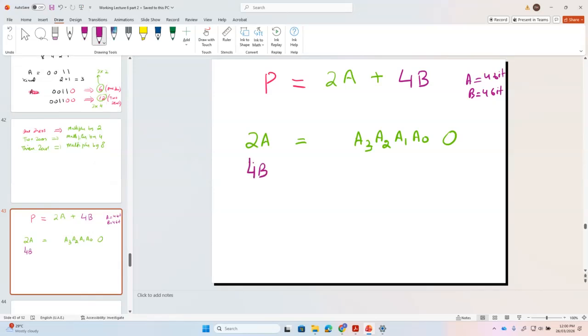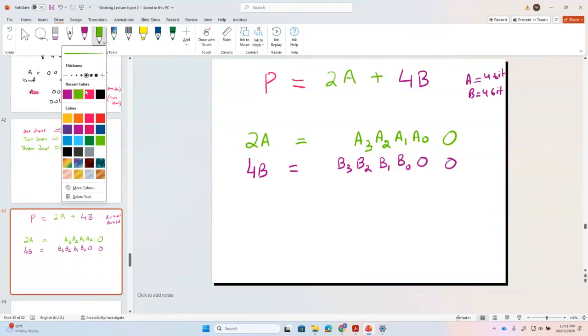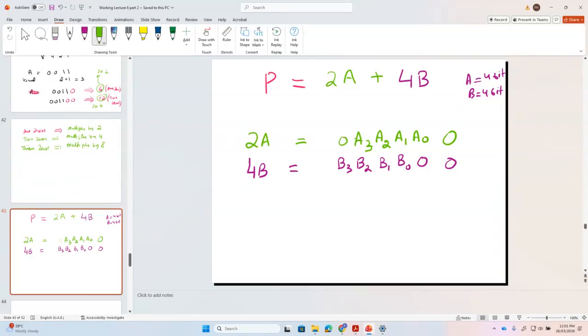How many zeros do we need to put? 2. And what will we write here? B0, B1, B2, B3. Since we have B3 here, I need to put a 0 here. Let's assume this is an unsigned number.